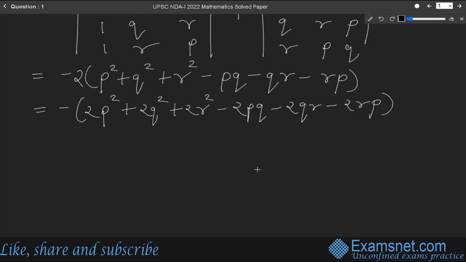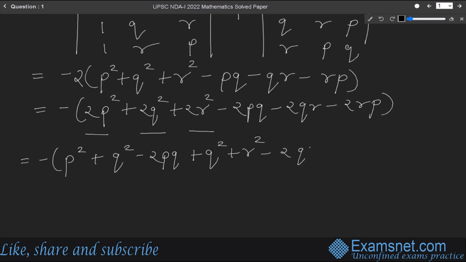Now you can see that here there are 2p square, 2q square and 2r square. So I can write it in this form: p square plus q square minus 2pq plus q square plus r square minus 2qr plus p square plus r square minus 2rp.